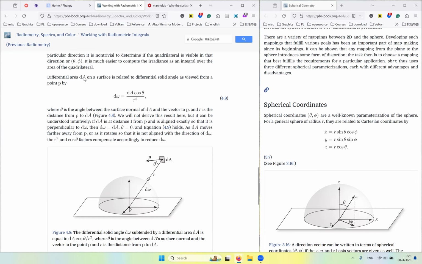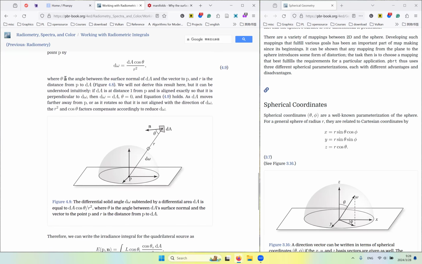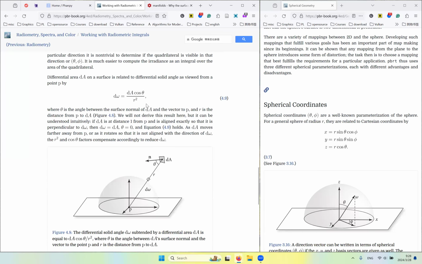Differential area dA on a surface is related to differential solid angle as viewed from point P by this. Let me read the below first because I don't understand what's going on.